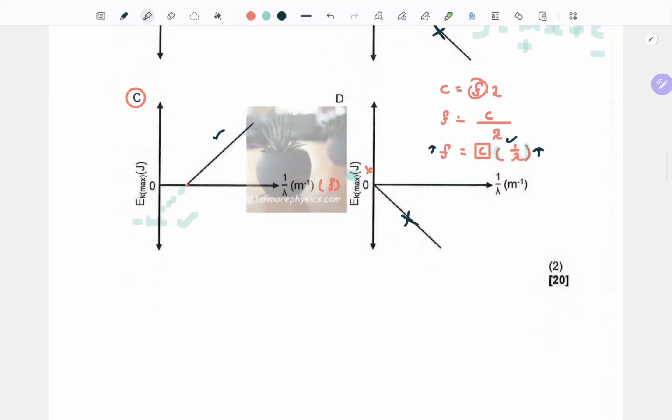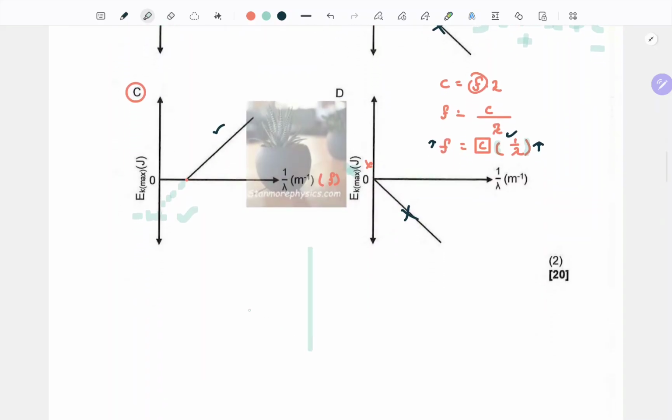It is never possible to have a graph like this, where we've got a negative y-intercept and a positive gradient that has a negative x-intercept. This is only possible if the graph is like that, or we get a positive y-intercept and a negative x-intercept. Otherwise, we can never have a positive gradient with a negative y-intercept and a negative x-intercept. So this is positive, which is correct.